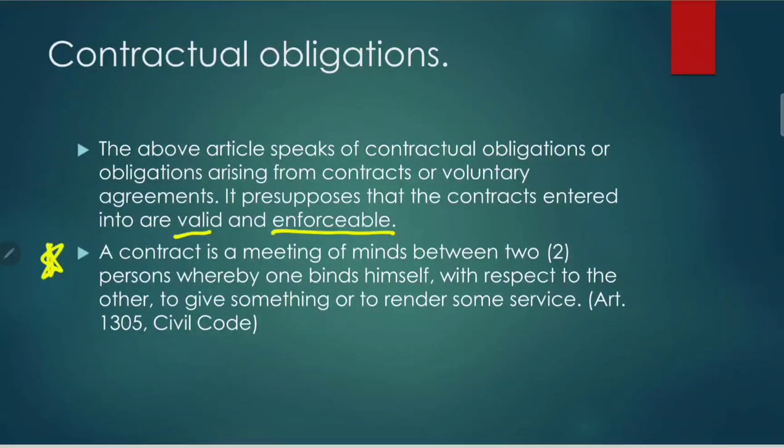A contract is a meeting of minds between two persons whereby one binds himself with respect to the other to give something or to render some service. So, once meron na tayong contract, yun na po yung pinaka-law na mag-govern sa both parties.